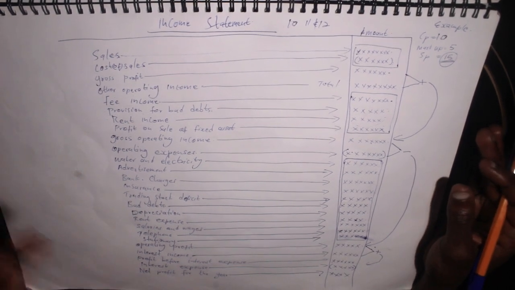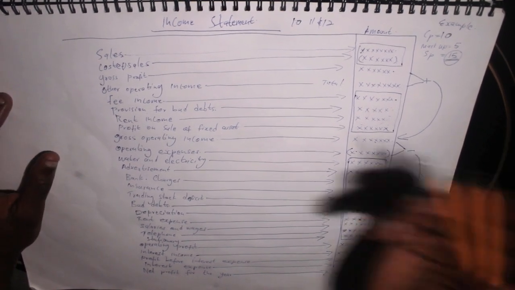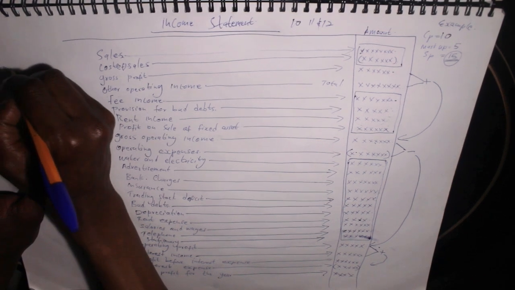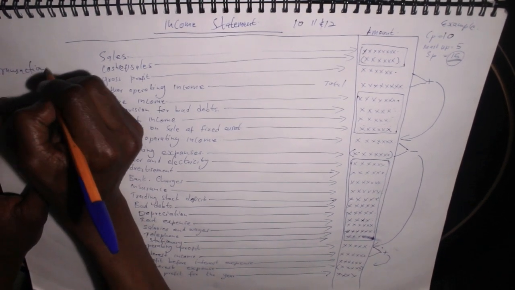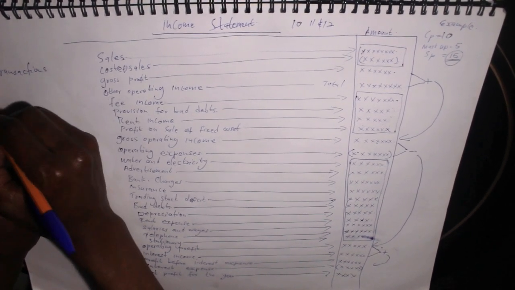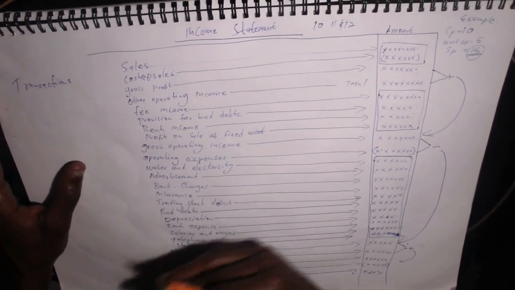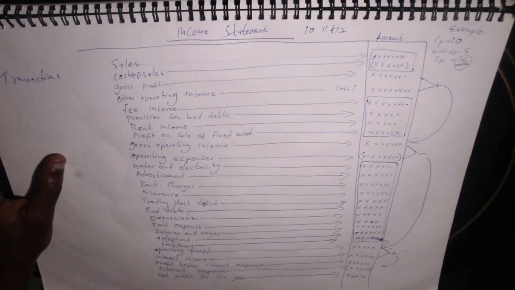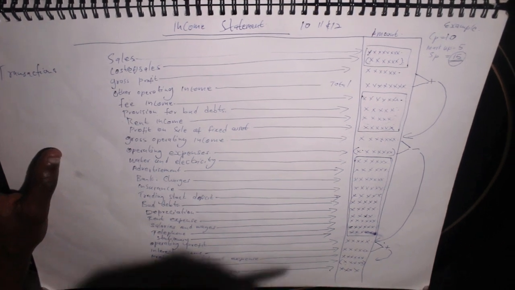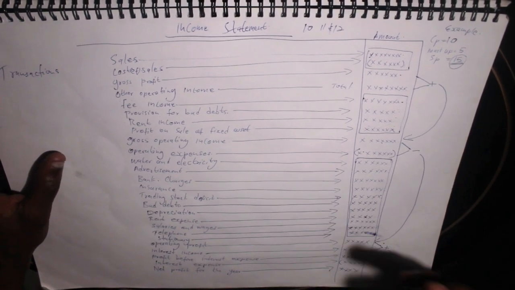Of course, there are transactions that take place throughout the year. These transactions will guide you as to what to do. What happened with rent? What happened with trading stock, insurance, and all that? And that's when calculations start taking place.